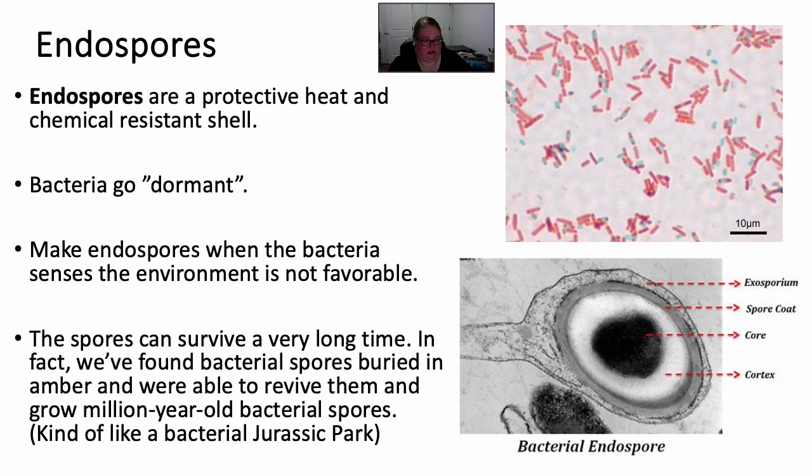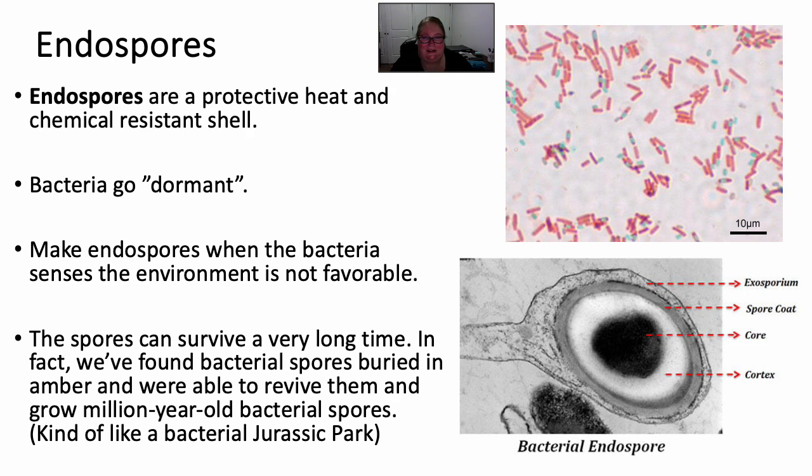Okay, so the last specialized structure we're going to talk about, which we have referred to quite a bit, is that some bacterial cells, specifically Bacillus and Clostridium species, are able to make an endospore. Endospores are protective, heat and chemical resistant shells that the bacterial cell can shove its genome in.